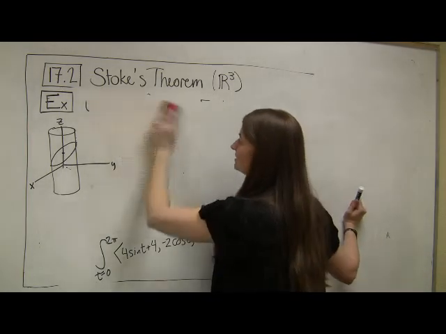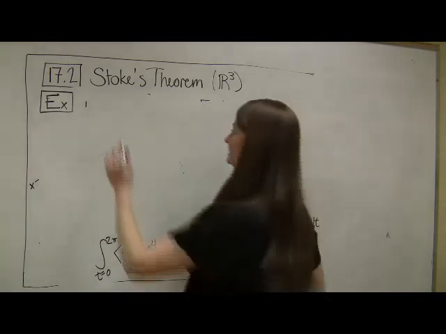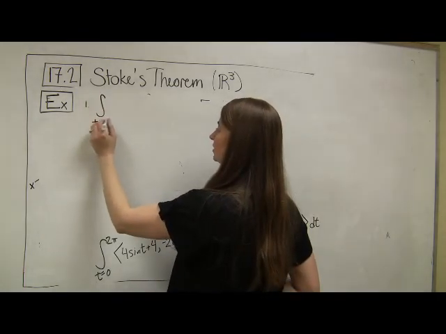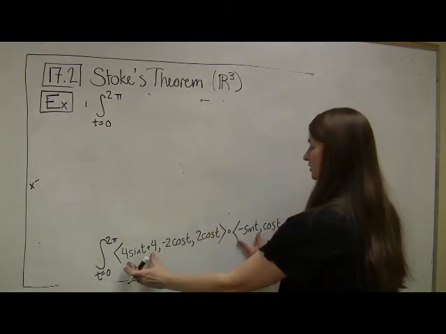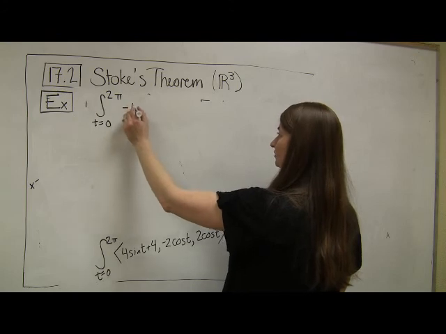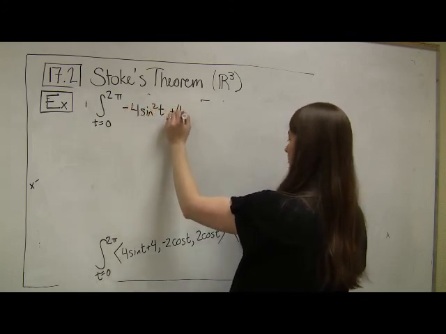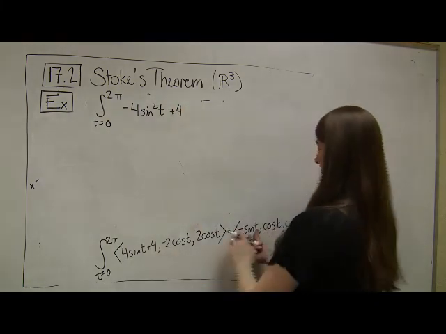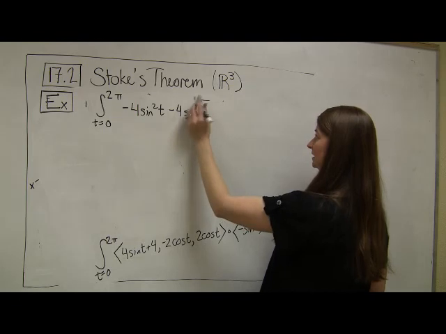I'm going to erase all this just to give myself some more space. So rewriting this, I'm going to have my t values go from 0 to 2 pi. When I take this dot product, I multiply the first components. So that gives me -4 sine squared t, minus 4 sine t.